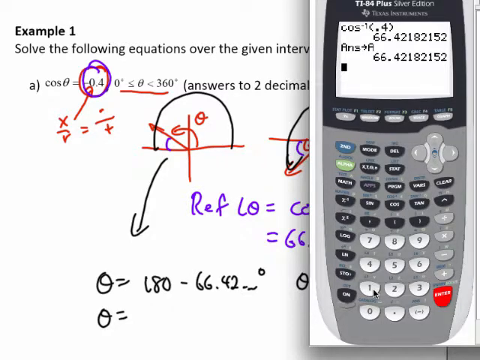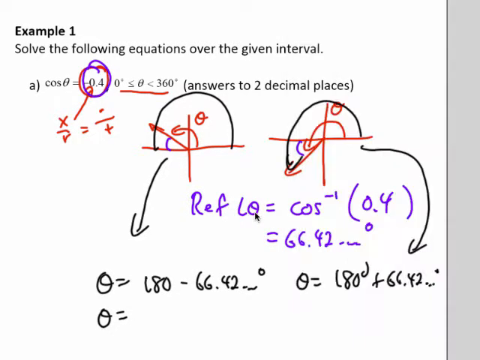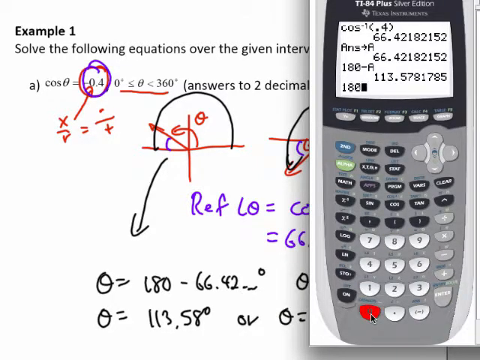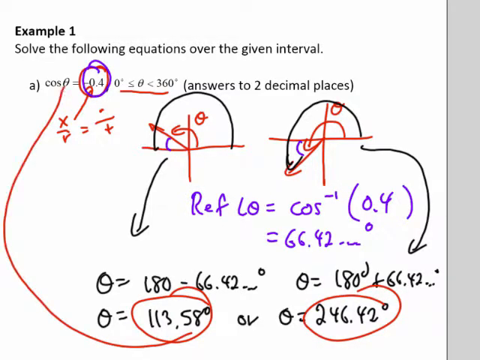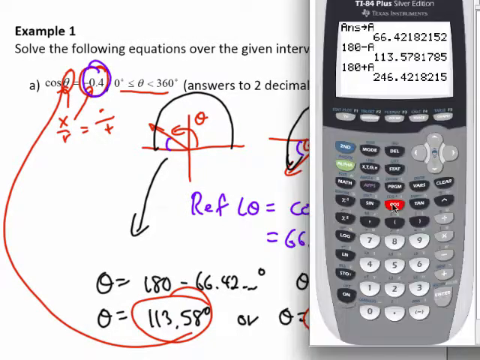So to get my two angles, I'm going to go 180 degrees minus alpha A, which is where it's stored, rounding it off to 2 decimals, 113.58 degrees. Or it could be 180 plus alpha A, 246.42 degrees.